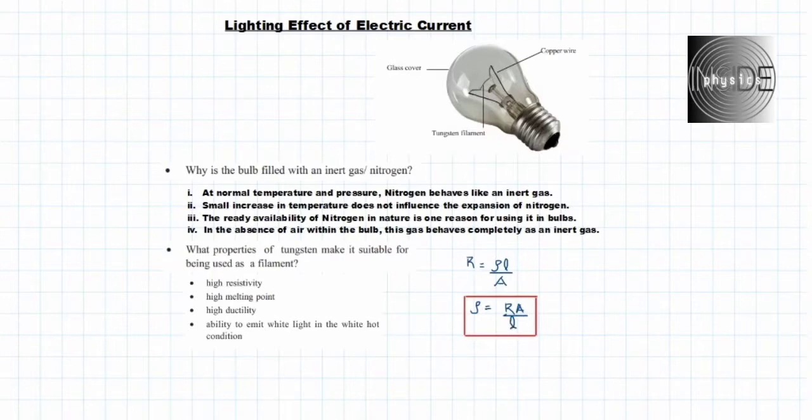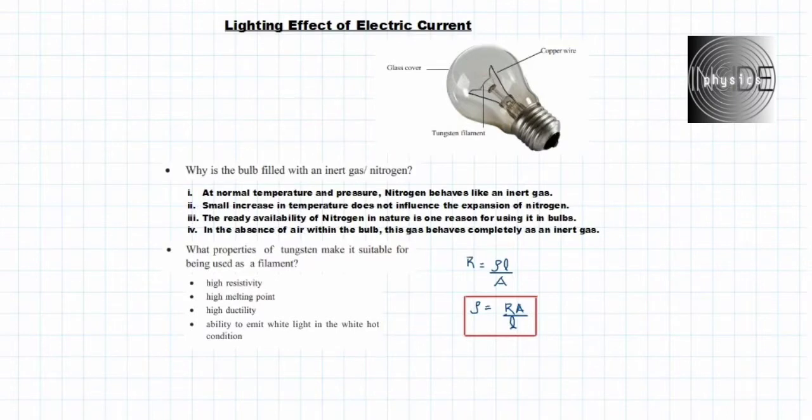So high resistivity is one of the points. If we look at this picture, the length is very small, right? So as length decreases, resistance increases. Resistance and length are directly related. We are using a small length of tungsten inside this bulb for the working of this incandescent bulb.